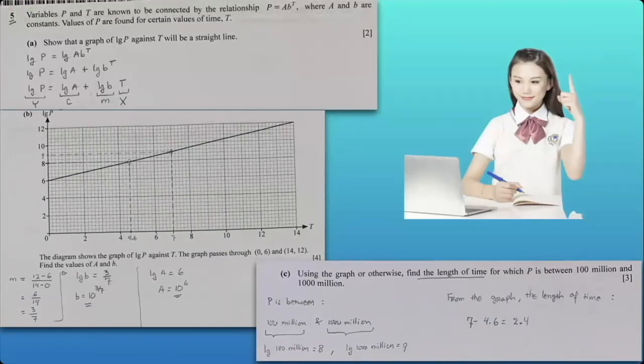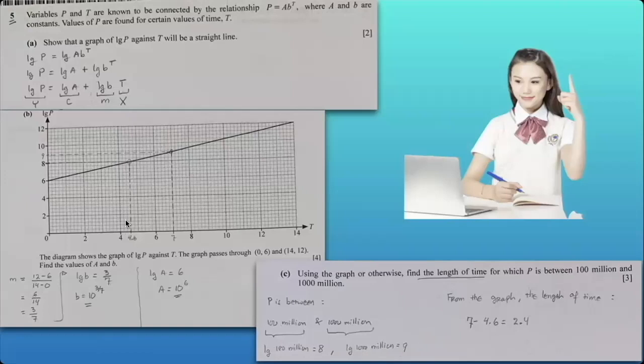Log base 10 of 100 million is 8, and then log of 1000 million is 9. So we have 8 there. We go across, find the intersection, and we go down and find the corresponding value of t, which is 4.6.